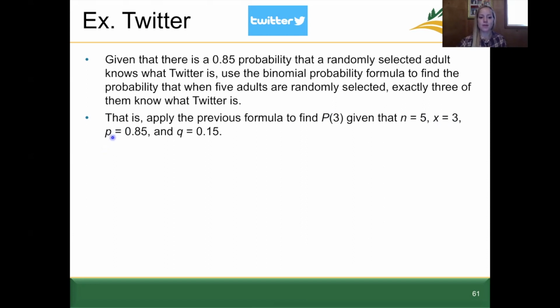So lowercase p, or the probability that somebody does know what Twitter is in one trial, is equal to 0.85. The complement to that, q, or the probability of failure for one single trial, is 0.15. I recommend you pause here, plug your values into the formula, and solve for that probability before pressing play.